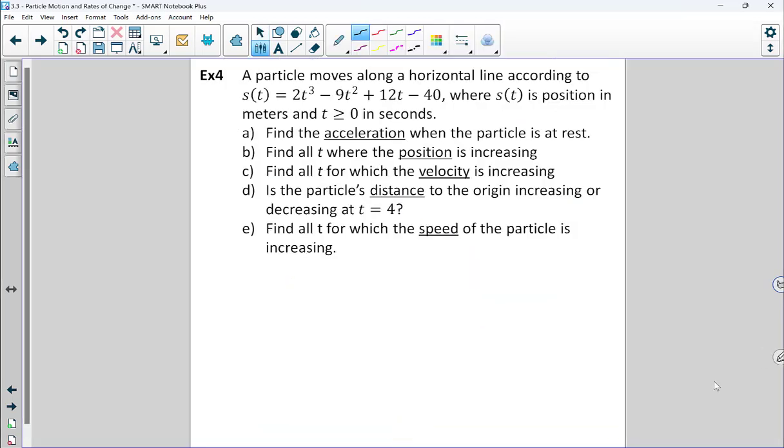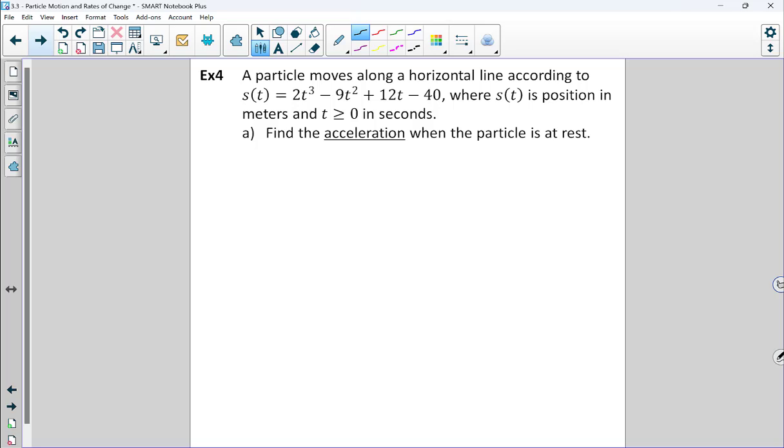A particle moves along a horizontal line according to that function, where s of t is position and t is greater than or equal to 0, in seconds. Find the acceleration when the particle is at rest. So the particle is at rest when the velocity is 0.